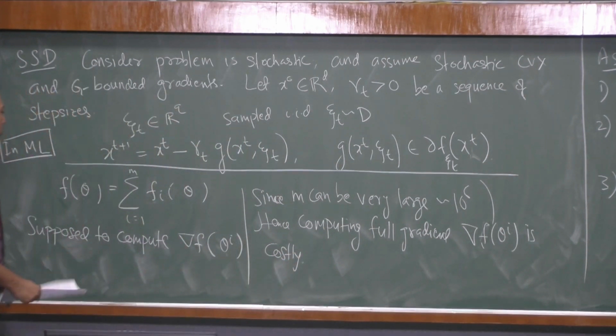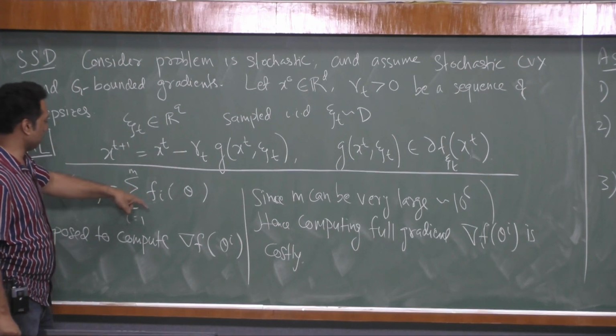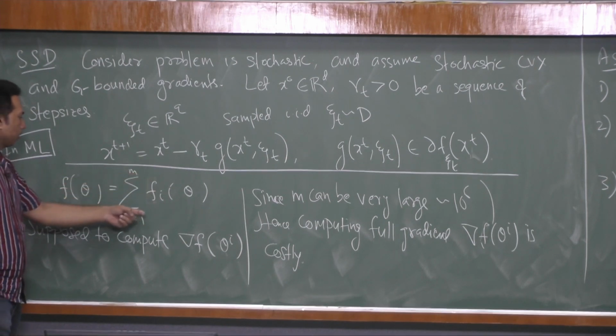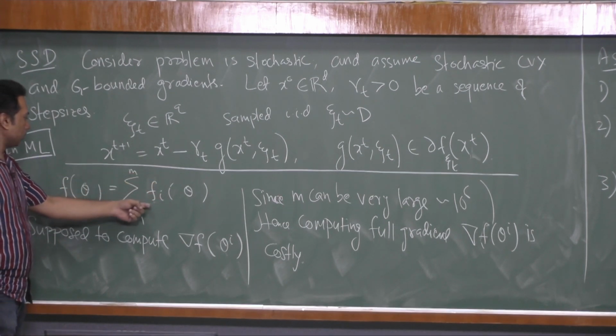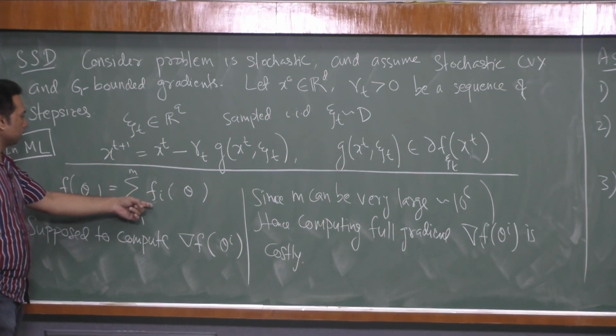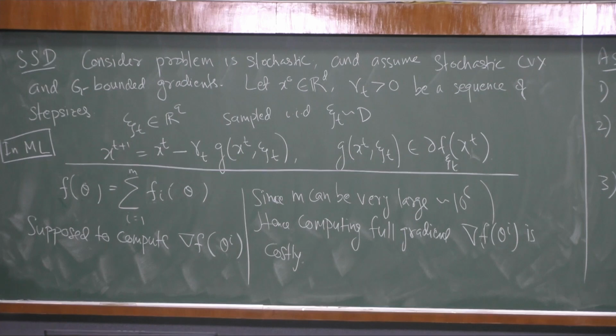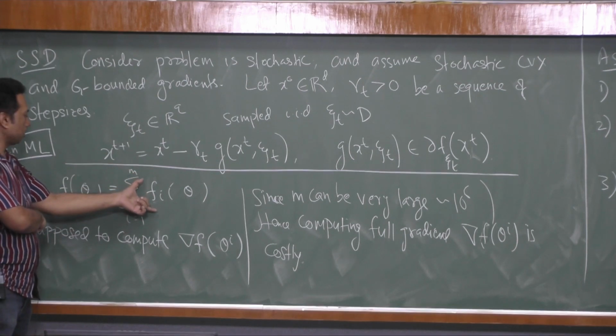So that leads us to stochastic, like we have discussed this. Rather than seeing f as a sum of all the small losses, you treat f as a sum of some approximation of this sum.